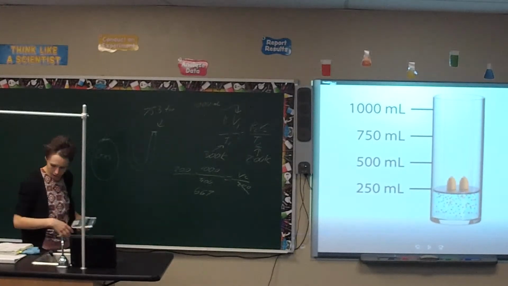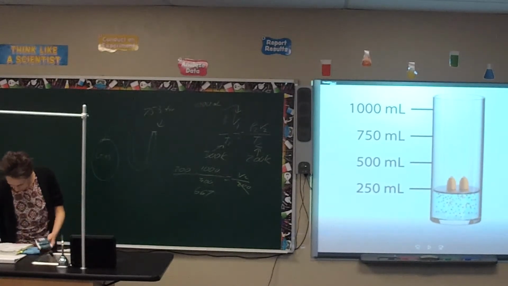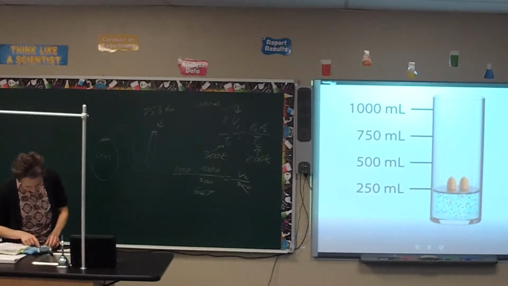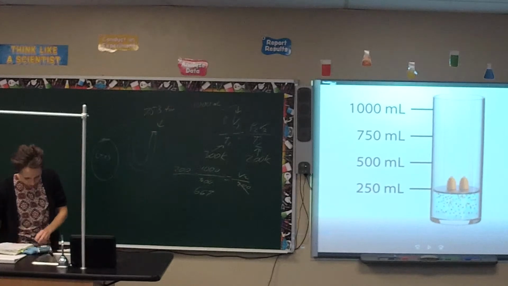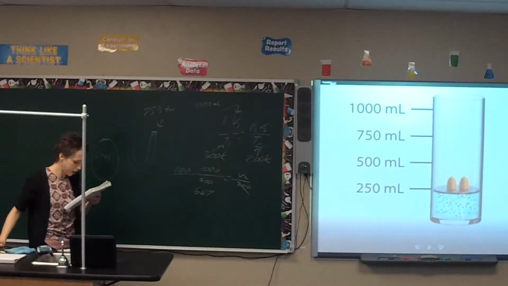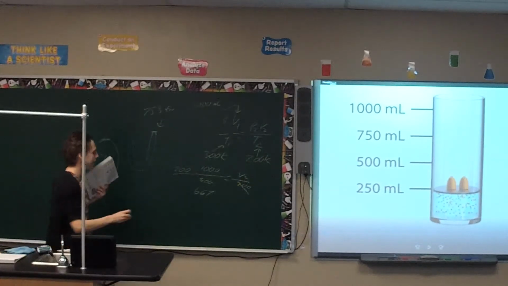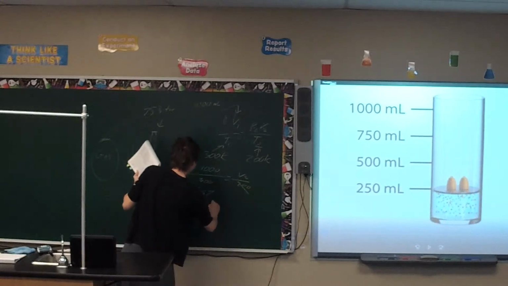Oh, I only multiplied times 100. 200 times 1,000 divided by 300. All right, so you get 666. Well, that's weird. 666.6666, and that's creepy and weird.